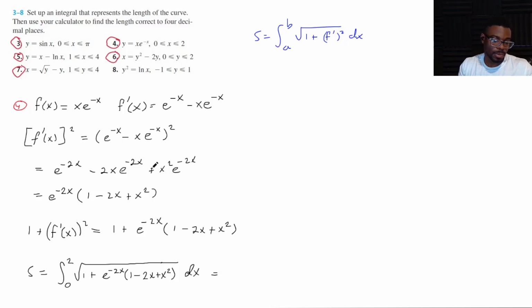All right, let's see what this comes out to be. Okay, so after plugging this into the calculator, the value we get here is 2.102. Right, so that'll be the answer for this problem.